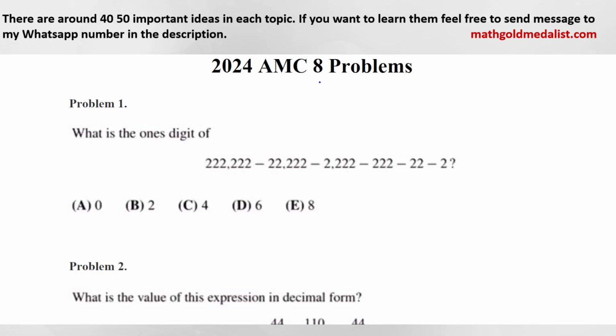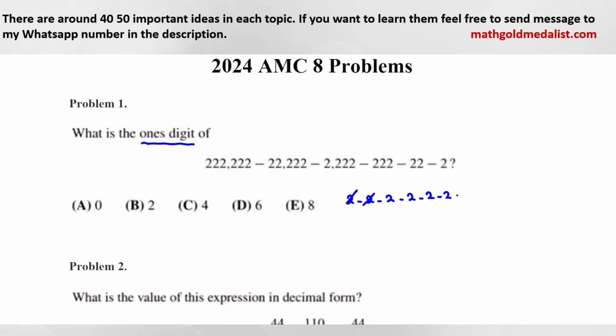Problem 1, 2024 AMC 8. What is the ones digit of this number? One way is to calculate this completely, but because it says ones digit, we need to only focus on the ones digit of each number. So it will be 2 minus 2 minus 2 minus 2 minus 2 minus 2. 1, 2, 3, 4, 5 negative 2's.